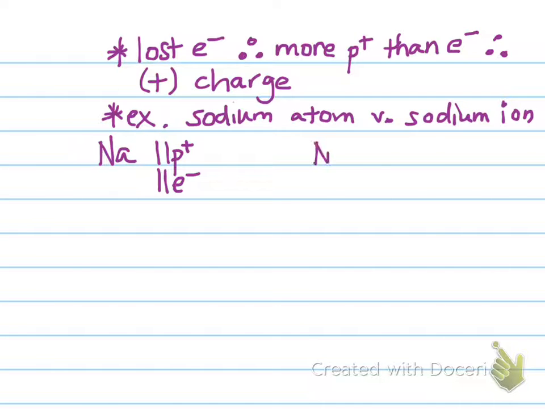A sodium ion is Na with a +1 charge. It's still sodium, so it has to have 11 protons. But what this +1 charge is telling me is that it has one more proton than it does electron, which means it's lost an electron and it has 10 electrons.